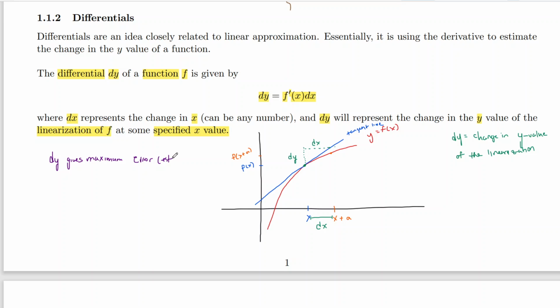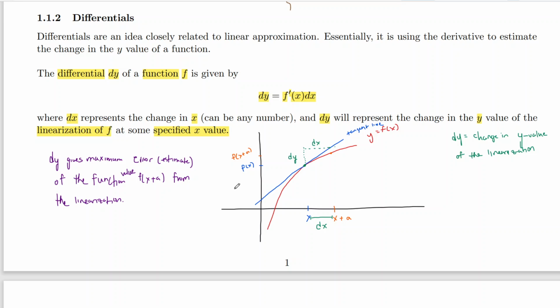And this is an estimate because it is exactly what we're talking about above. We have this idea of being close. The idea of being close isn't very defined. So it's an estimated maximum error of the function's value, f of x plus a, from the linearization.